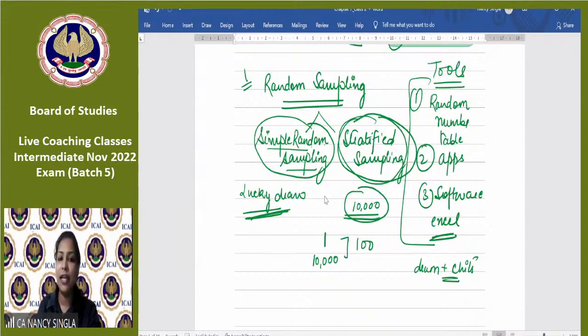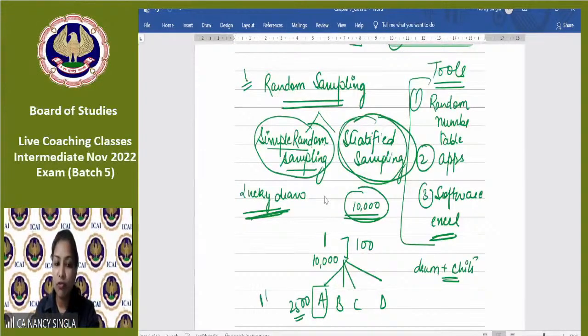In stratified, I will first divide my population into 4 parts: A, B, C, D. Let's say each is 2,500 invoices. Then I'll ask the computer that from 1 to 2,500 for A, give me a sample. For B, give me another sample. For C, give me another sample. For D, give me another sample.